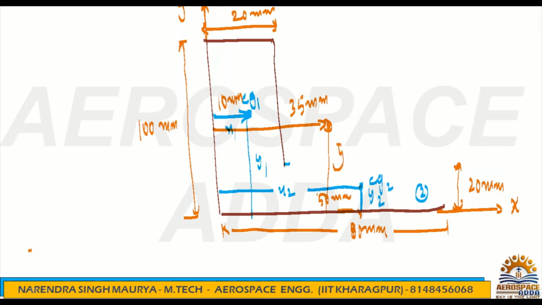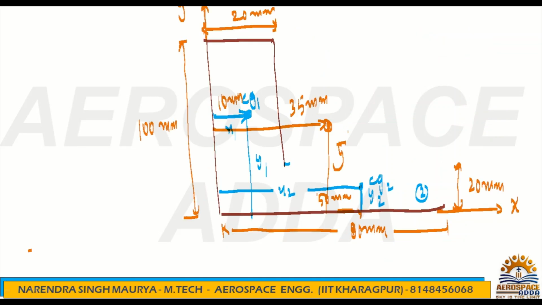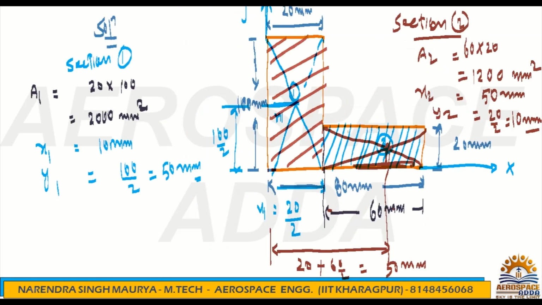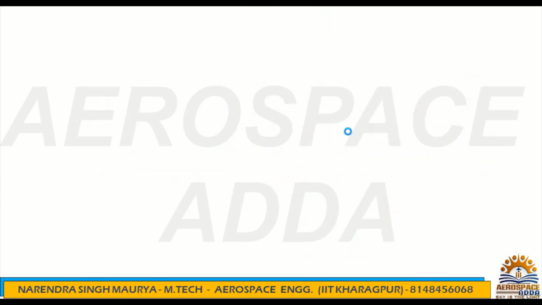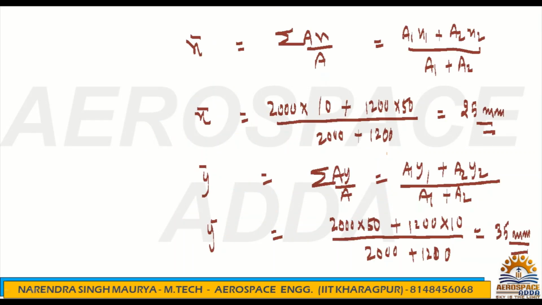What is the y bar? The y bar distance is given, it's 35. So it will be in between y1 and y2, because y1 is 50 and y2 is 10. So in between 10 and 50 we should have y bar, that is 35. So I have shown here 35. And x bar is 25, sorry, just correct this.